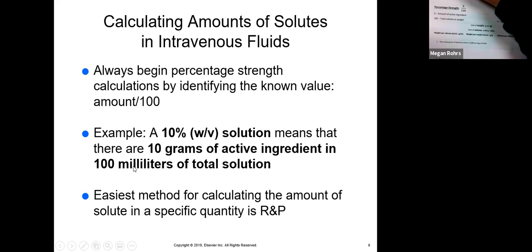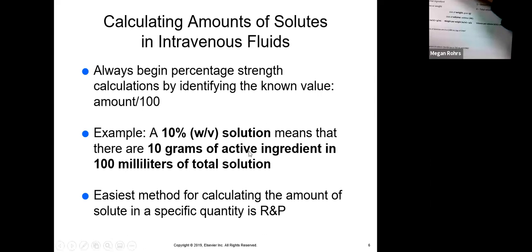We have milliliters on the denominator here, so 100 milliliters of total solution. The easiest method for calculating the amount of solute in a specific quantity is going to be ratio and proportion, the method that we've been doing pretty much all throughout the quarter so far.